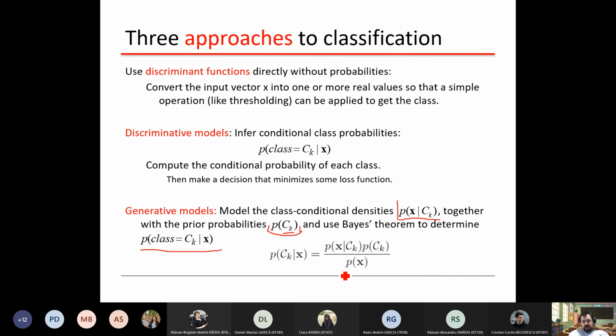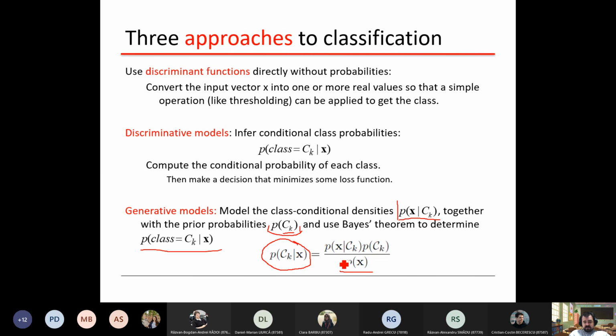P of x, actually we're not interested in this, because what we will have to do afterwards is to compare these probabilities, and based on them we simply assign the point x to the class having the highest probability.